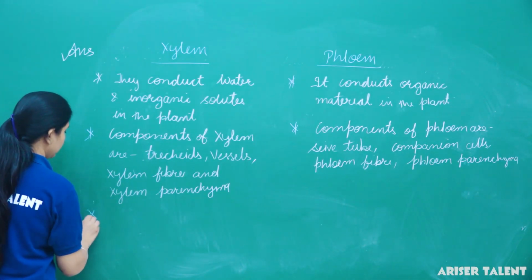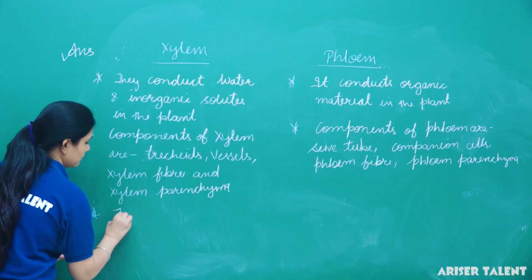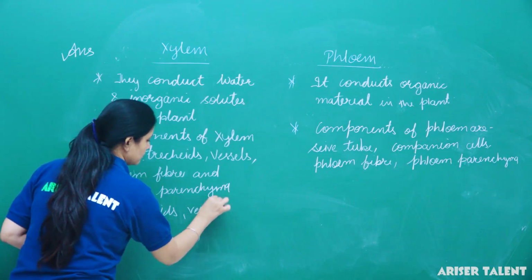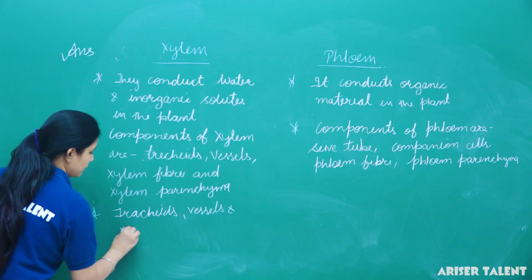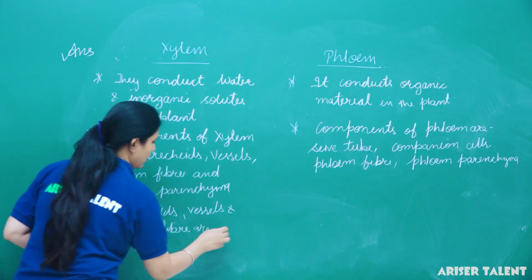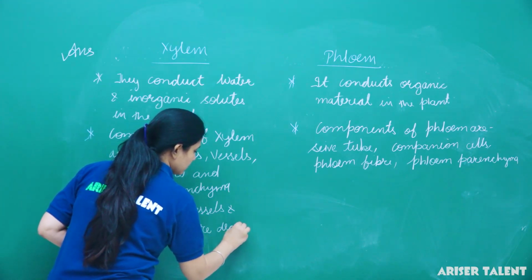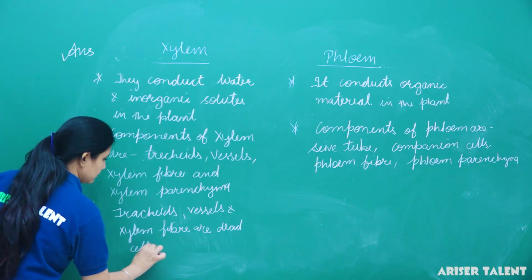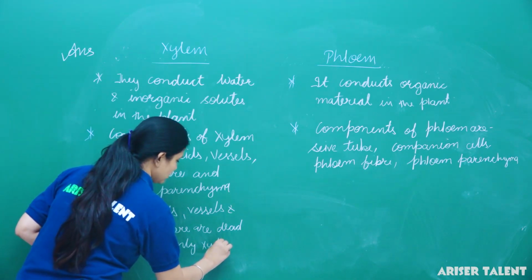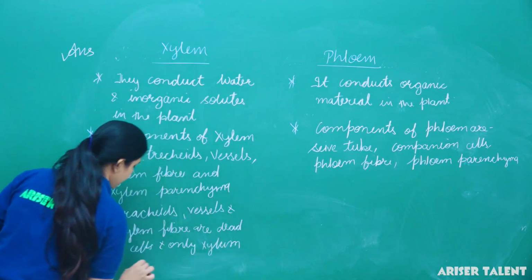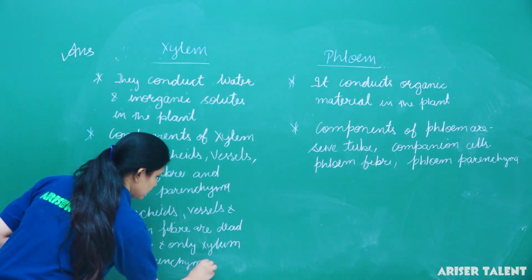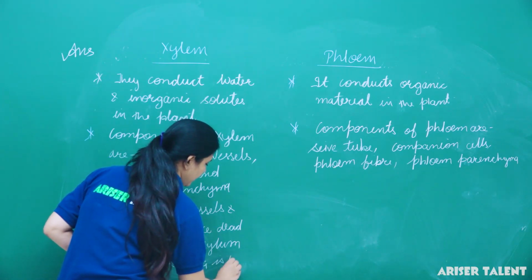If we talk about the xylem, then tracheids, vessels, and xylem fiber are dead cells, and only xylem parenchyma is living.